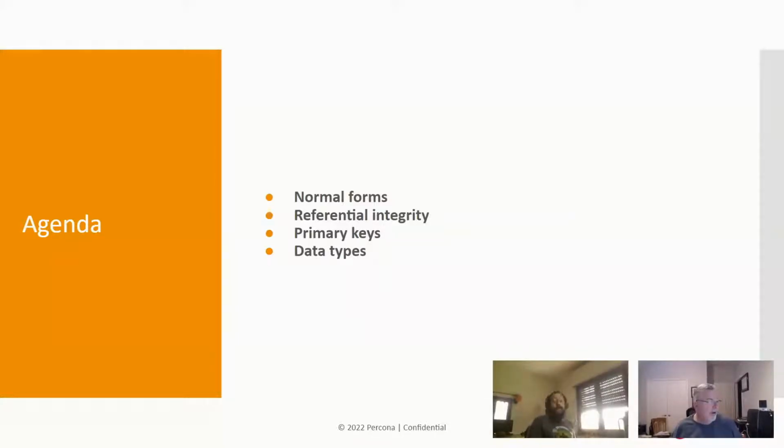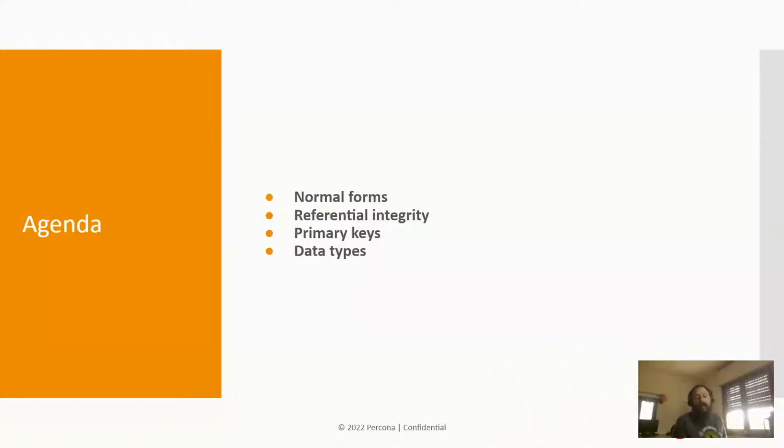So the first thing you have to learn is how to normalize your tables, and this is done by following the so-called normal forms. This is a series of rules that you can easily apply to your schema design, that were created by Edgar Codd back in the 70s when he came up with the relational databases idea.